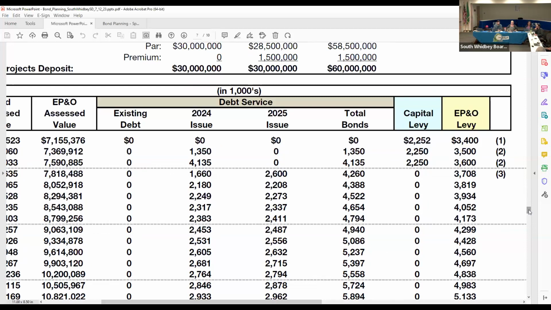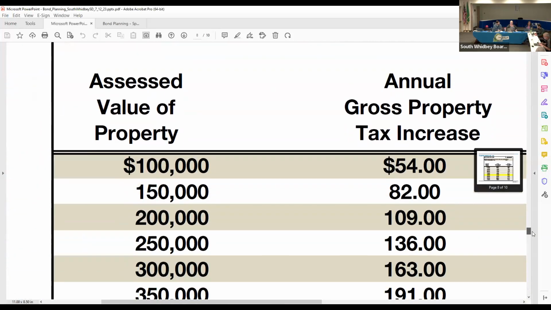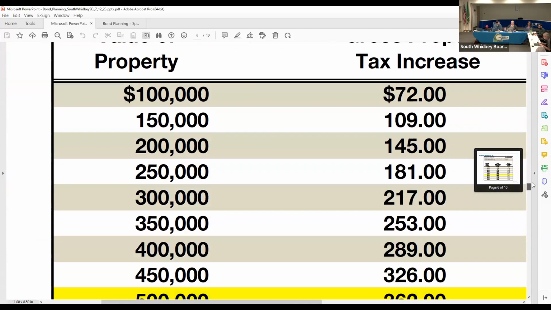So whenever we're done with discussion, I see a lot of thoughtful faces among the voting board members, myself included, about the 2 options. So are there other things we feel like we need to discuss?